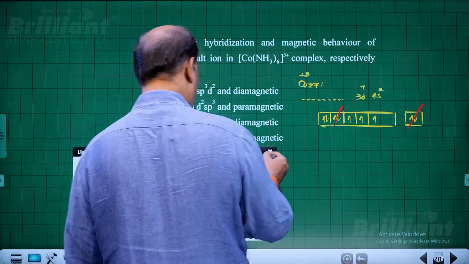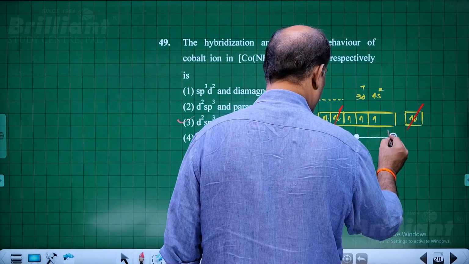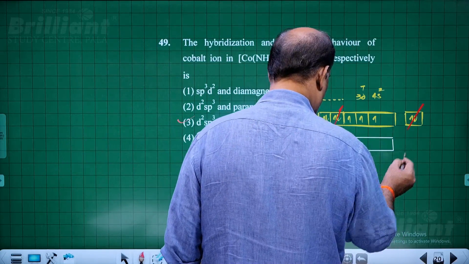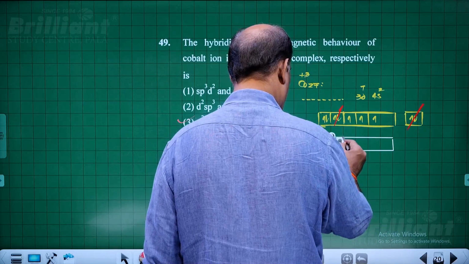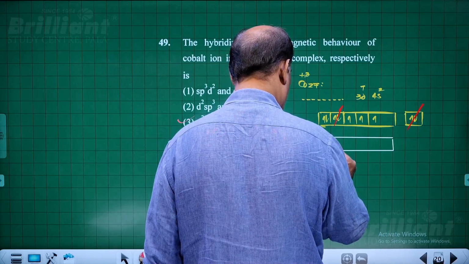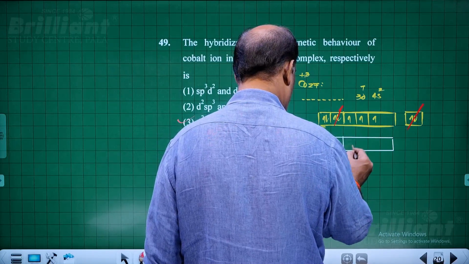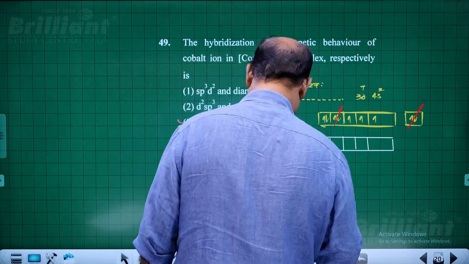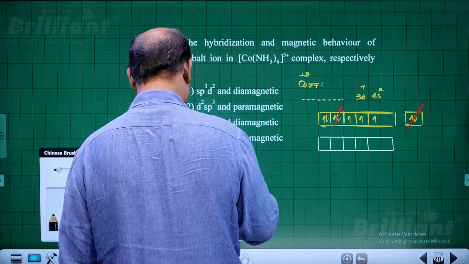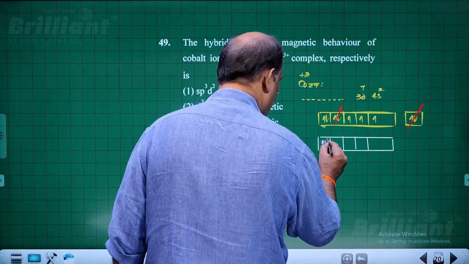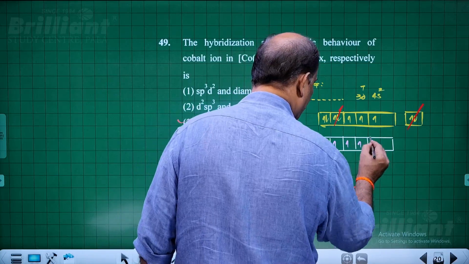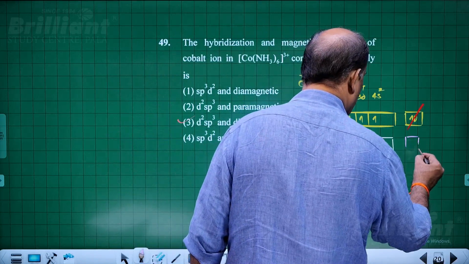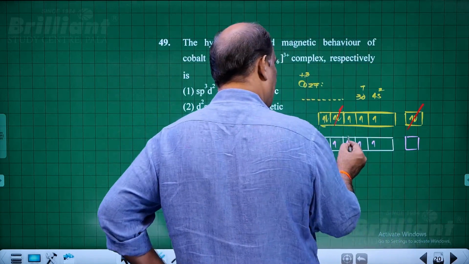So here, now I got this one. Now here, this is a vacant orbital because of plus 3 oxidation state.